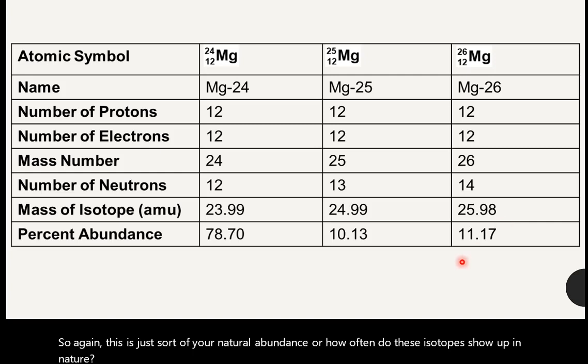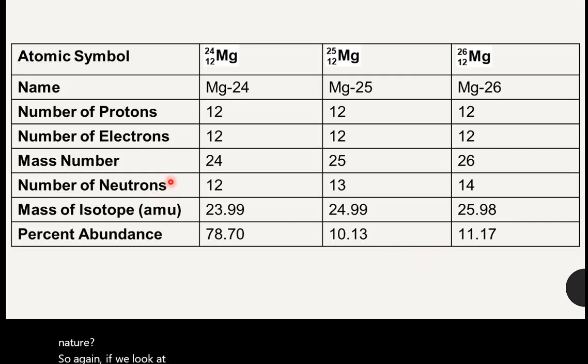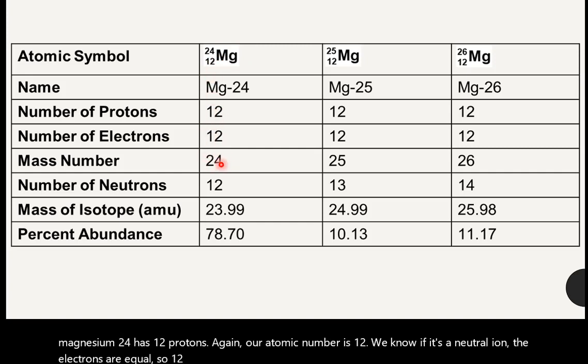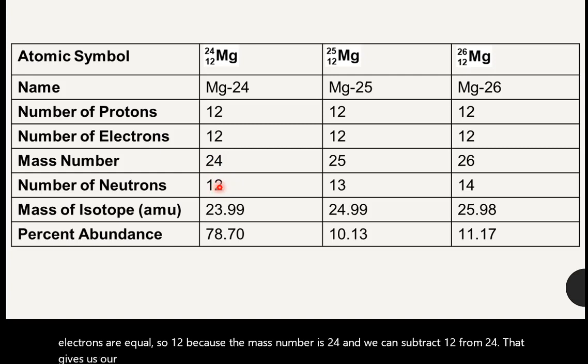So again, if we look at the atomic makeup of each of these isotopes, we see our most abundant, magnesium 24, has 12 protons. Again, our atomic number is 12. We know if it's a neutral atom, the electrons are equal, so 12. Because the mass number is 24, we can subtract 12 from 24, and that gives us our neutrons of 12.